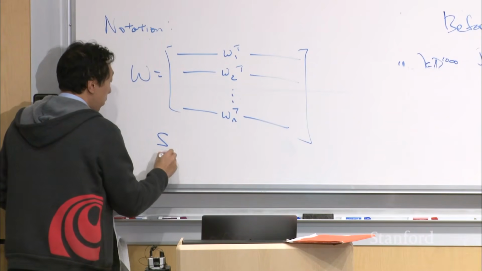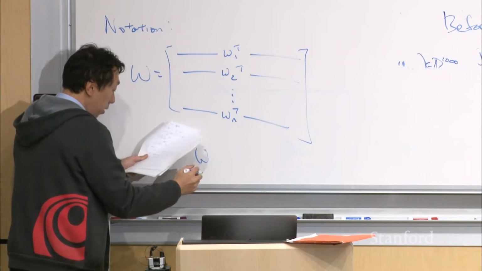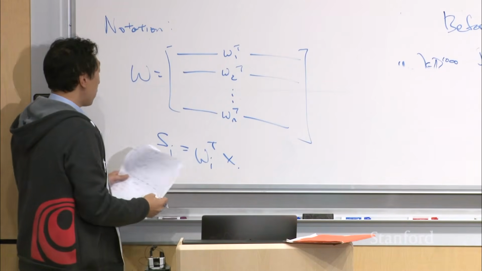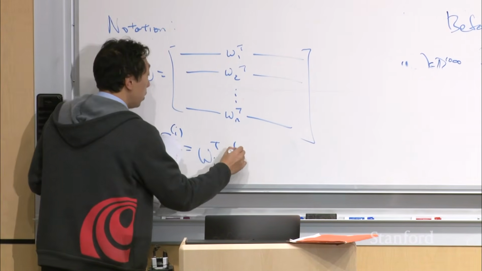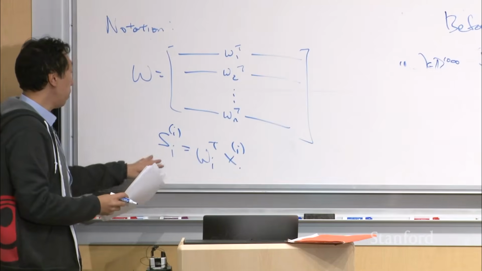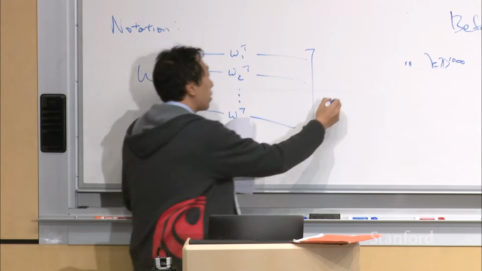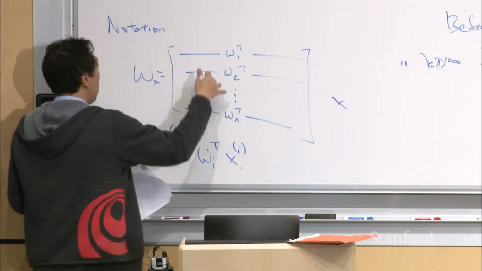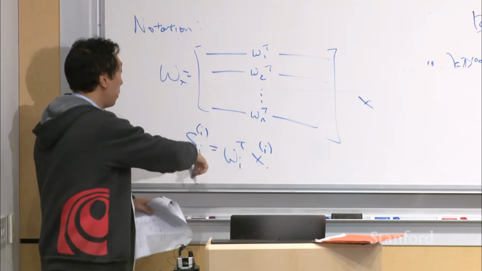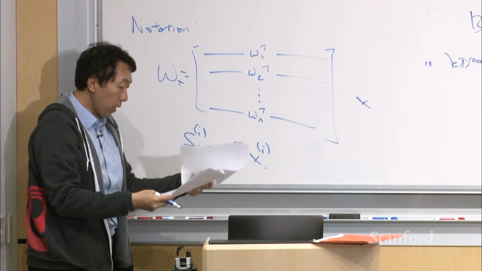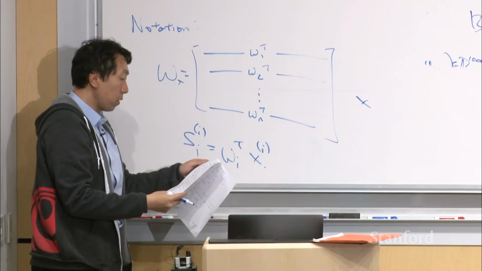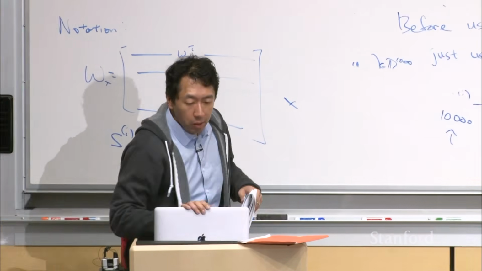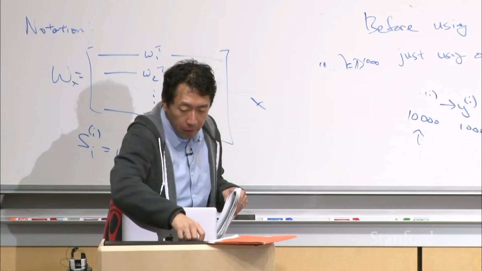And so the original source i is equal to w_i transpose x, for every i. You can take x multiplied by the rows of the matrix W, which is why the rows of W allow you to recover the original sources. Okay.